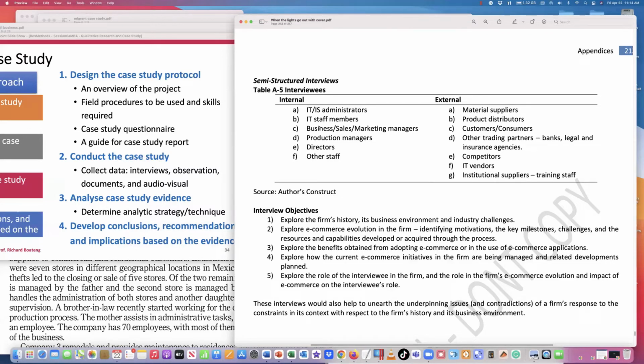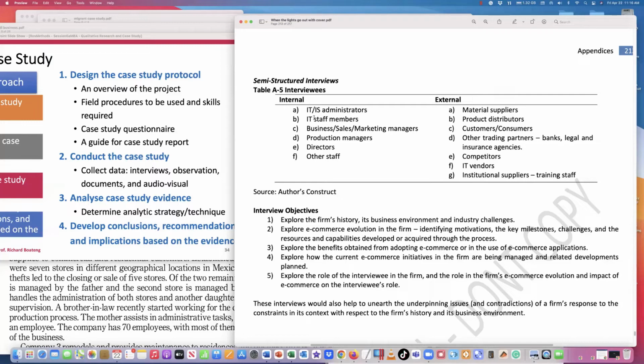So they are internal or external to the organization, and within the internal you have direct and indirect to the phenomenon. When you say direct, it means, for example, the IT manager, if you're talking about a website, is direct to the website, but a production manager may not be direct to the website. He may be indirect, meaning he does certain things that are captured for it, but he may not be the person who's hands-on with the issue. So there's internal and external to the organization, and direct and indirect to the phenomenon.